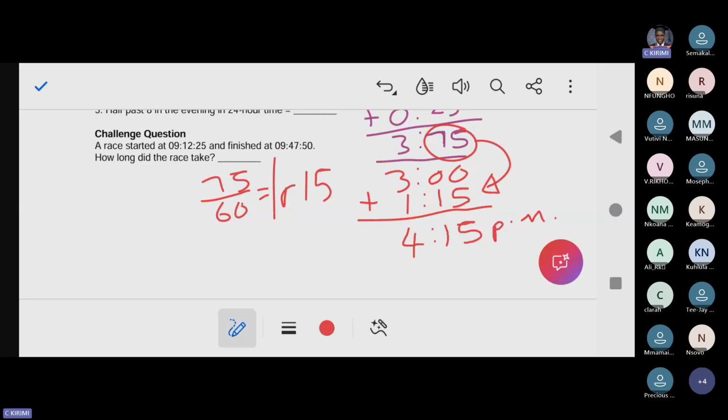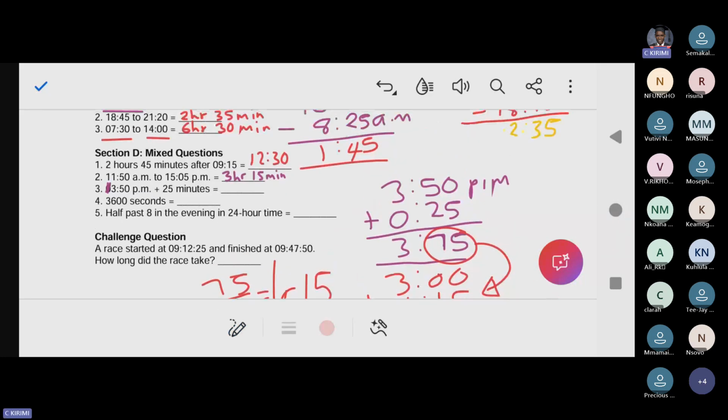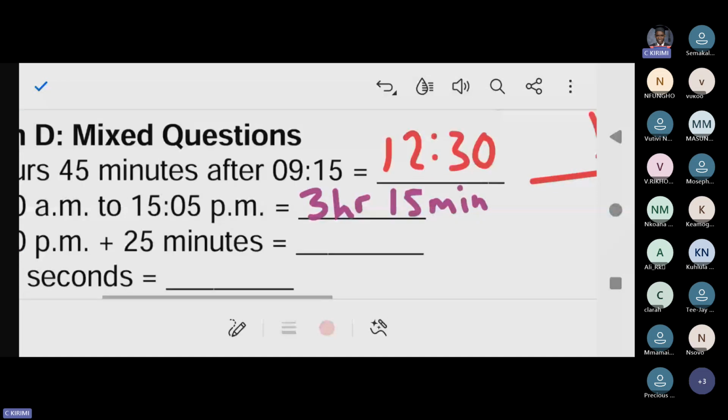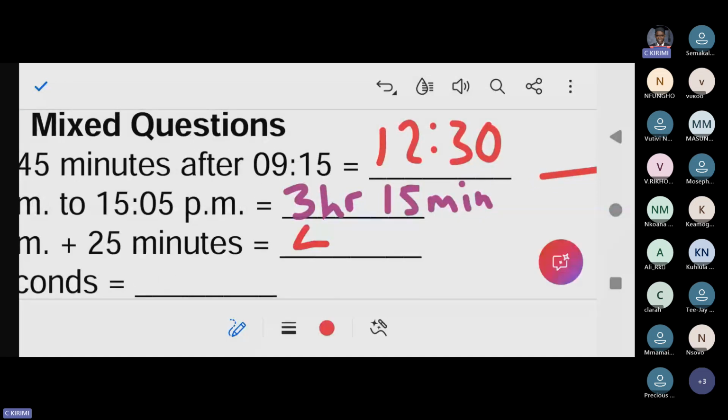4:15 p.m. So this is the time that you are going to put. 25 minutes after 3:50 p.m. is going to be 4:15 p.m. So you put your answer as 4:15 p.m. without the 0 here.